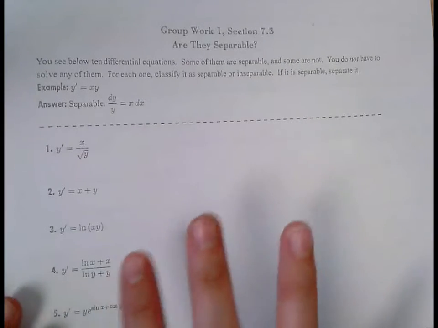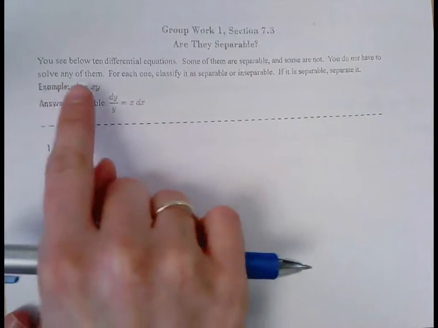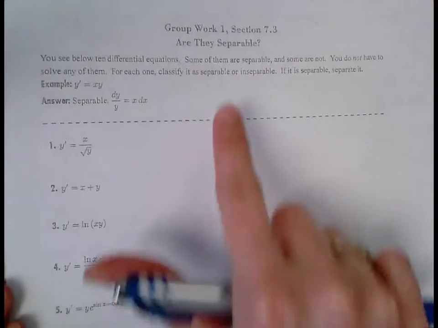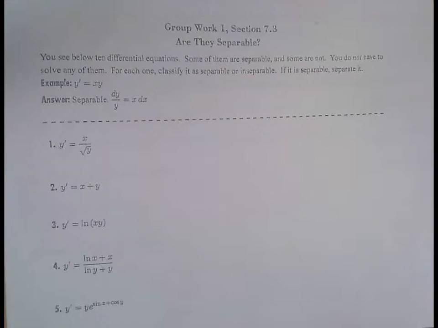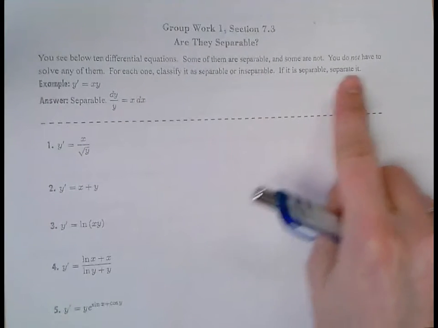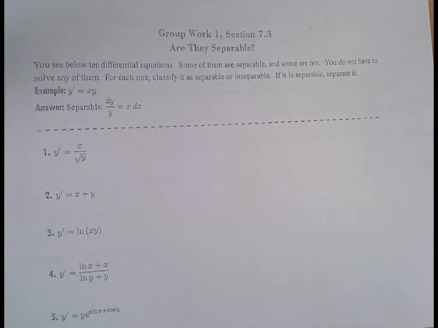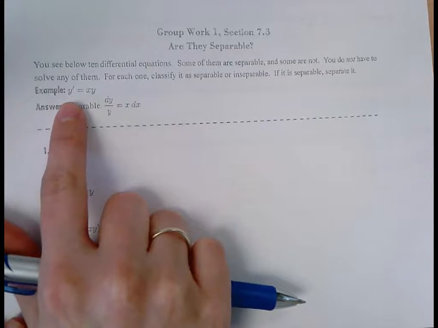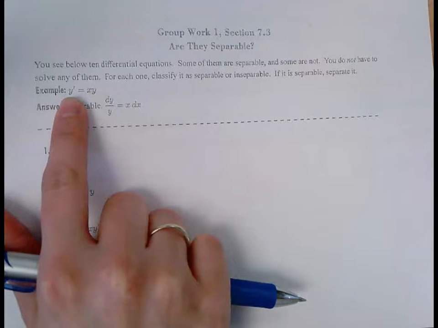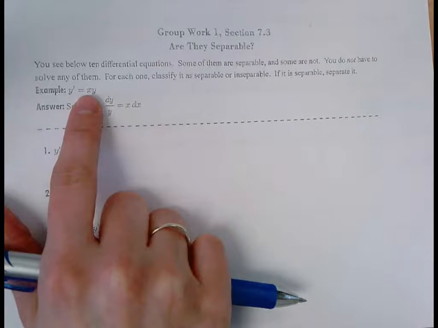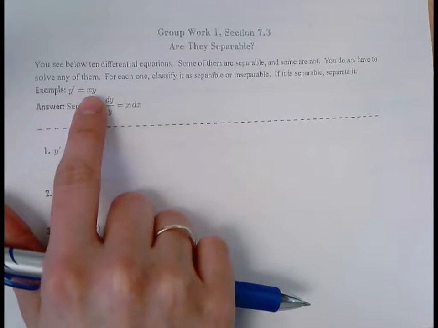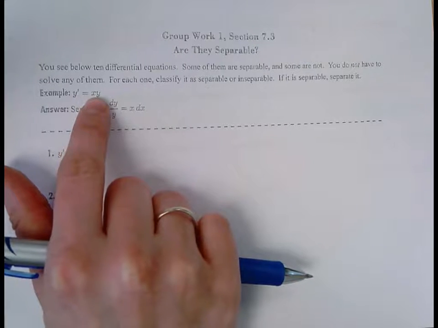So on this activity, there are 10 differential equations. Some of them are separable and some are not. So you are identifying if it's separable or inseparable, and if it's separable, you are separating it, meaning you're just doing that first step. It does give an example: y prime, and if you see y prime, you can write that as dy/dx. So y prime equals x times y, so that would be separable because you have x times y.